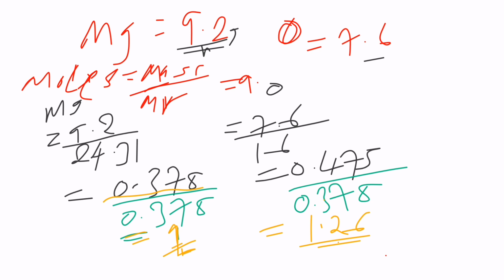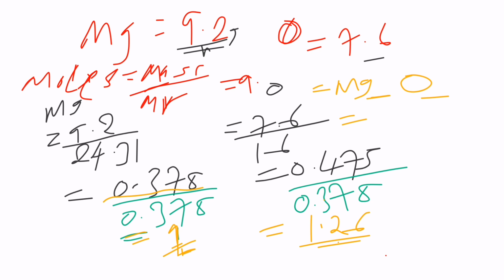We assume the empirical formula is Mg, then we replace here, and oxygen we replace here. We want to write the formula which represents that element. That is what empirical formula means. So here we don't assume that Mg is 1 and oxygen is 1. If we round off, that is totally wrong. Why?